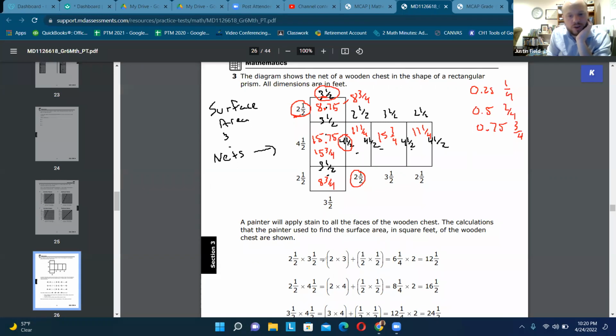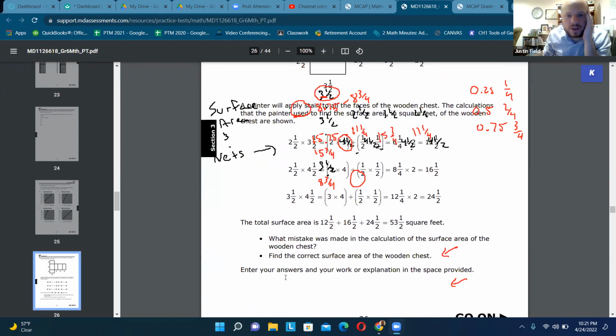So this is not right. 12.5, that's not right. Okay, 2 and 4, where is that one? That's 11 1/4. Well, this is not right either. Oh, he multiplied it by 2. Okay, so what mistake was made in the calculation?